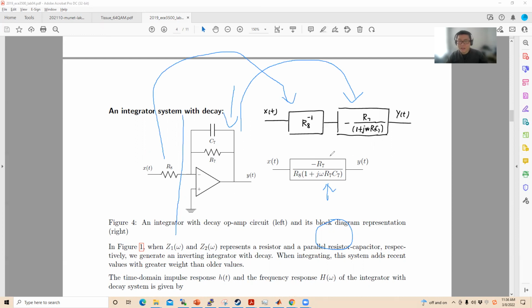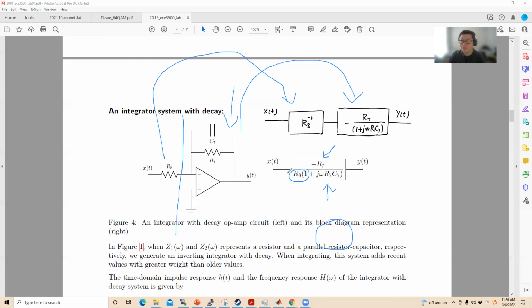You can see for the numerator part, it has only one value, corresponding to the zeroth order coefficient. But for the denominator part, it has two values, corresponding to the first and zeroth order coefficients.